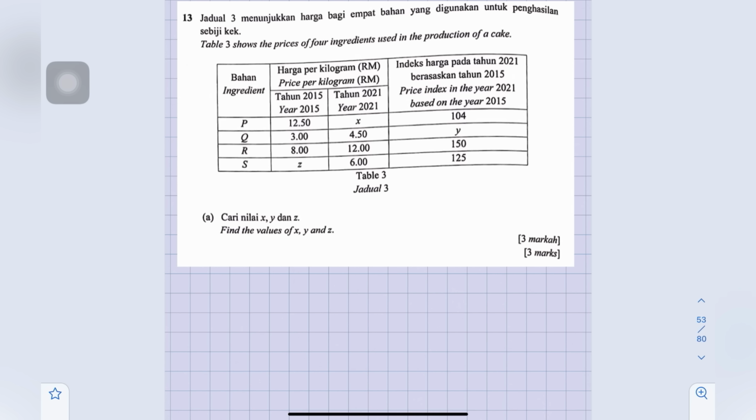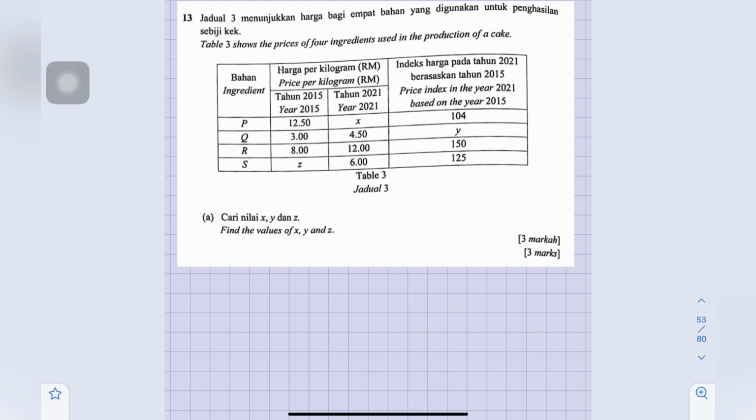Now question number 13. Table 3 shows the prices of 4 ingredients used in the production of a cake. Given 4 ingredients P, Q, R, S, the price in the year 2015, the price in the year 2021, and the price index in the year 2021 based on 2015.